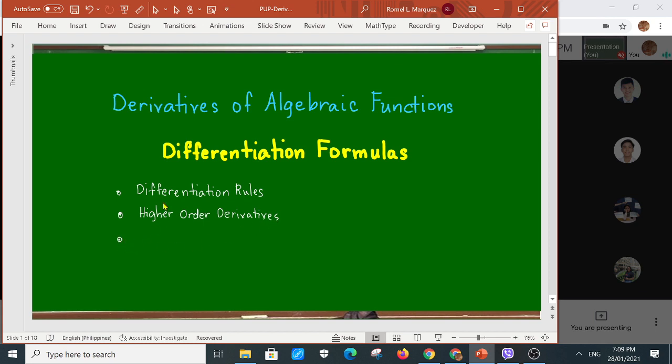And then the last one under algebraic functions, implicit. But you do not have to forget this because this will be included also, or to be applied in finding derivatives of any functions: trigonometric, inverse trigonometric, exponential, logarithmic. So implicit differentiation.